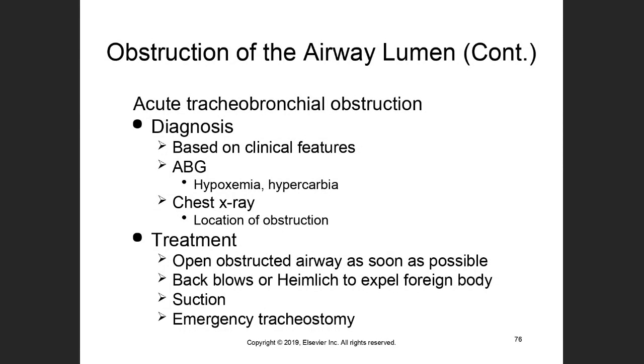Diagnosis is based on the clinic, ABG, and chest X-ray. Treatment is according to the level of the obstruction. You have to be very careful because if the patient has a lot of difficulty breathing, you have to do an emergency tracheostomy.